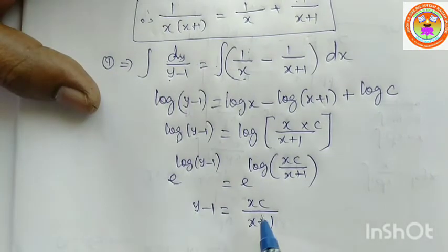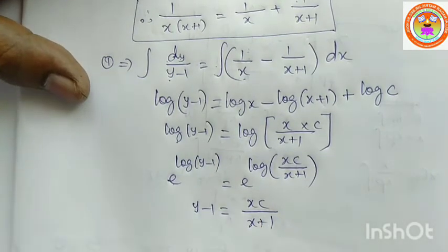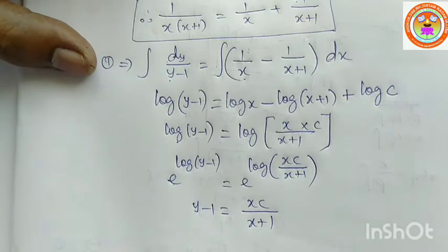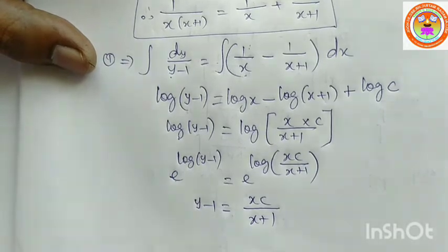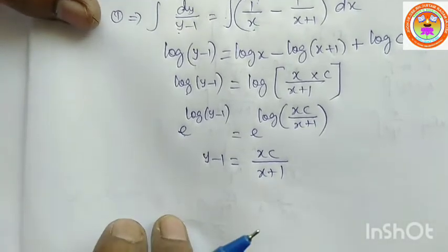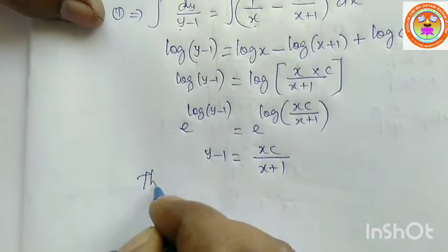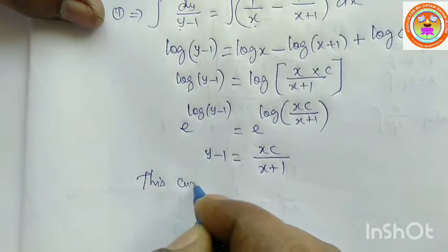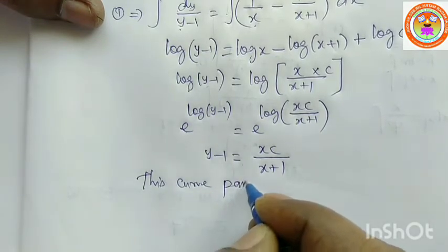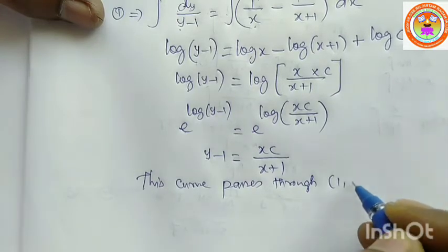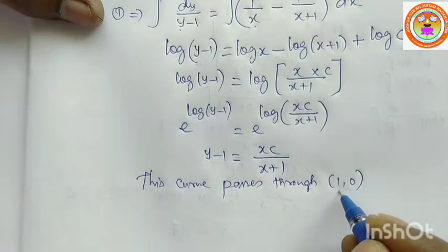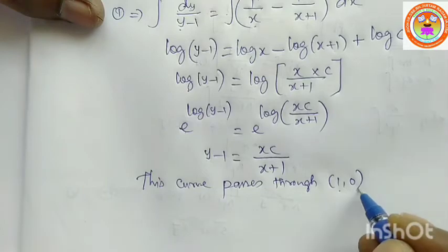Now, to find this constant c, we can apply the point. It is given that the curve passes through the point 1, 0. That means x value is 1, y value is 0.